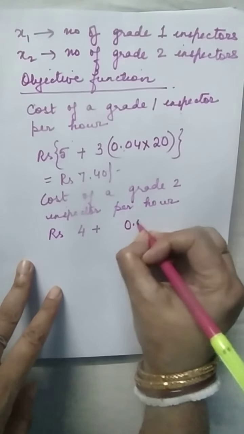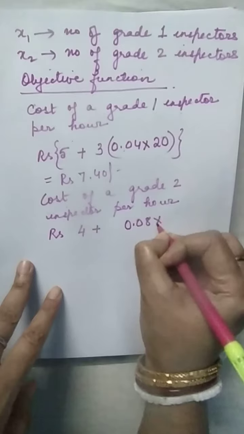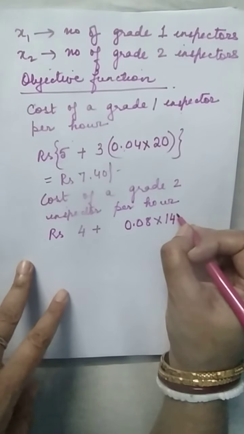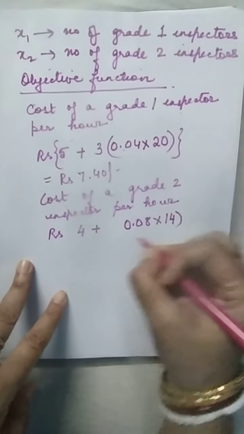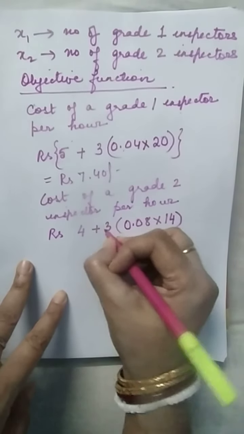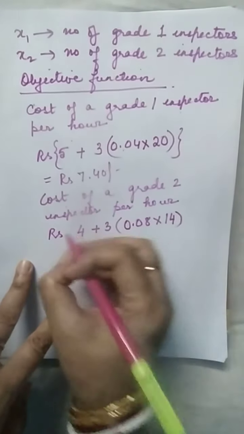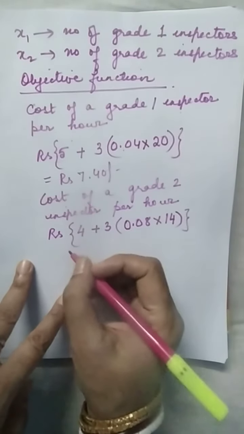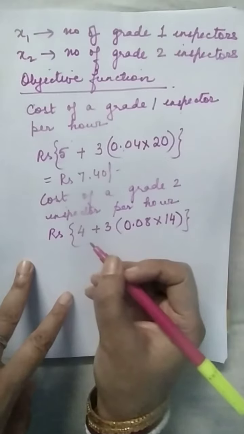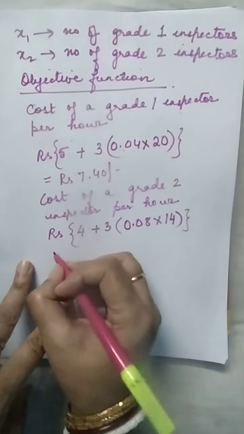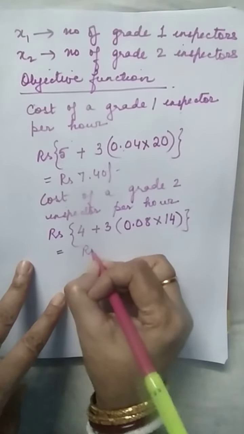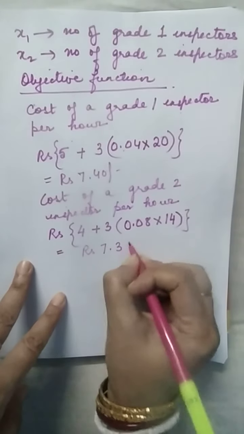So that means 0.08 multiplied by 14 items he inspects per hour, as given in the problem, multiplied by 3, the cost of an error. This entire thing is the cost we bear for one grade 2 inspector, which comes out to rupees 7.36.